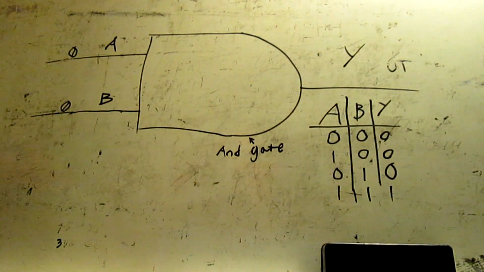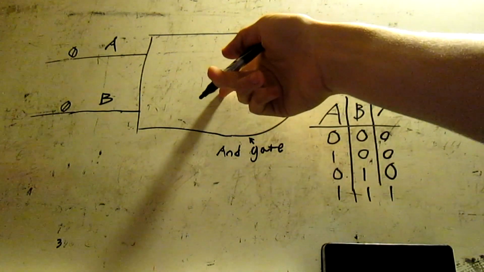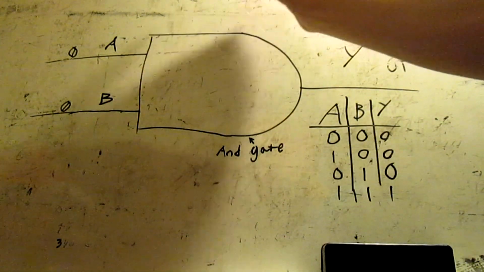In Boolean algebra, people have a whole bunch of these gates. Like in your computer, you got OR gates and AND gates and XOR gates and NOR gates and NOT gates. There's a whole bunch of stuff. And instead of memorizing all that, they came up with equations. So the equation for an AND gate, Y, can you see that?